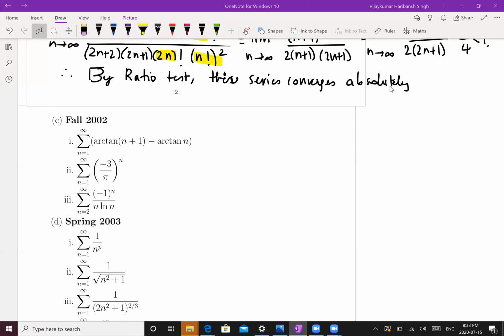So now if you look at this series, it is like a telescoping series. Why is that? Let's look at S_k, the sequence of partial sums. The first term, when n is 1, you get arctan of 2 minus arctan of 1.